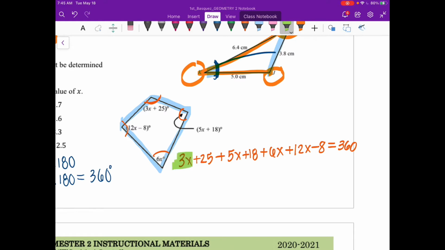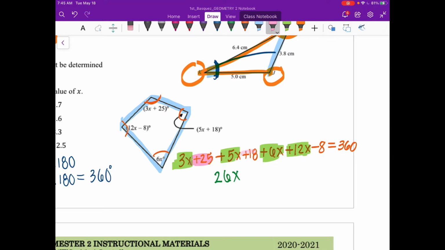So I'm going to take all of my x values, and I'm going to add them up. So I have 3x and 5x, and you can put this in the calculator as well. So we have 8x plus 6 gives me 14 plus 12 gives me 26 x's.